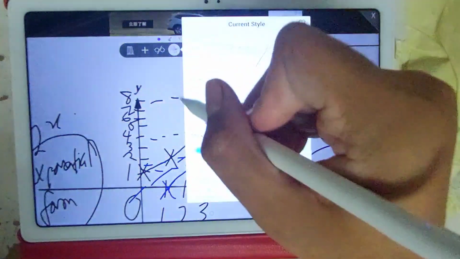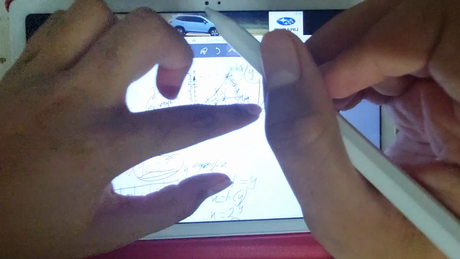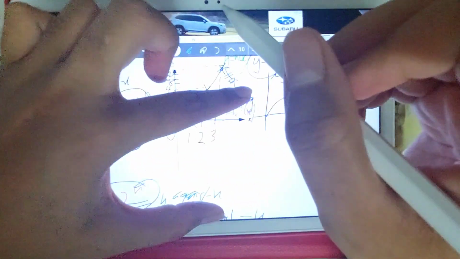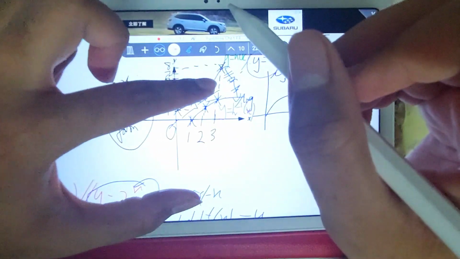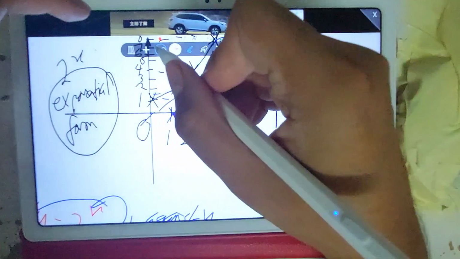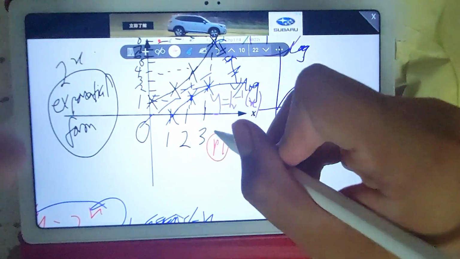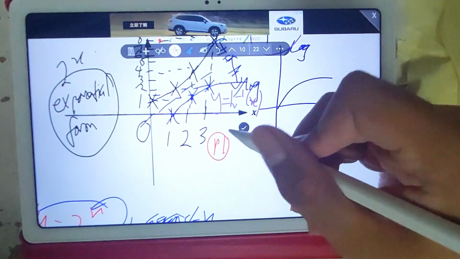So where your marks are coming from here, let's see. I'll write over here. There are 2 marks for this graph. The first mark is the process mark, P1.